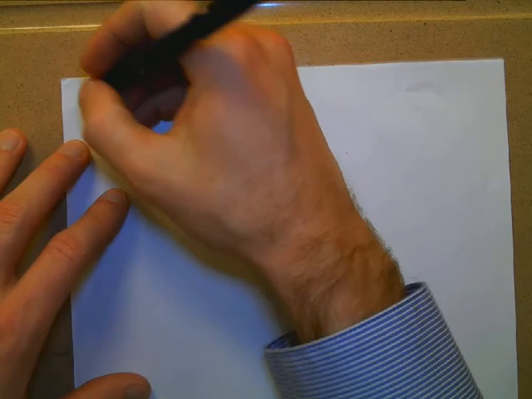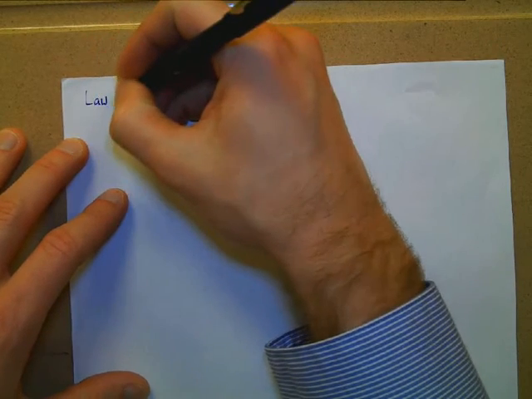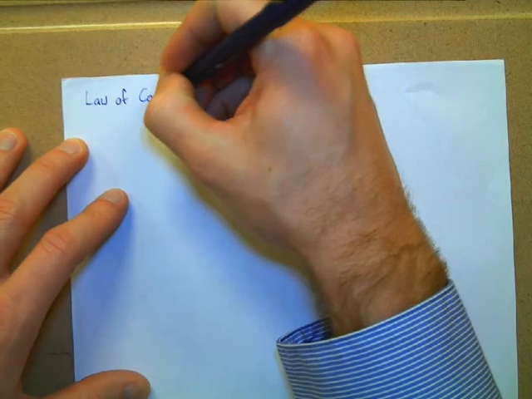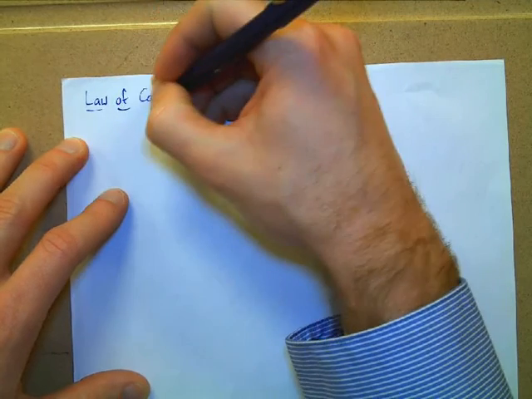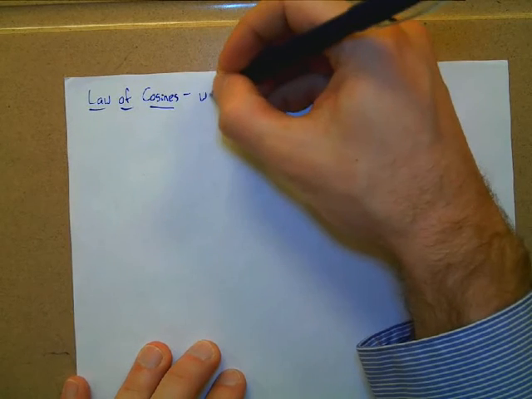So law of cosines works for side, side, side triangles and side, angle, side. For example, if we're given three sides of a triangle, we're stuck if we try to use law of sines, because law of sines requires that we know angles too.